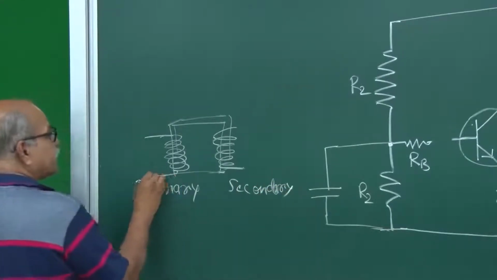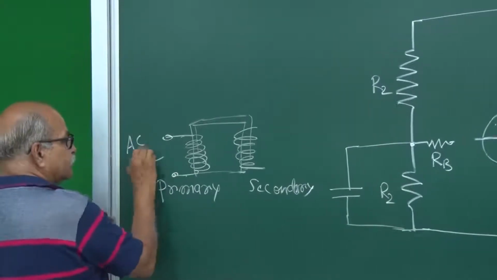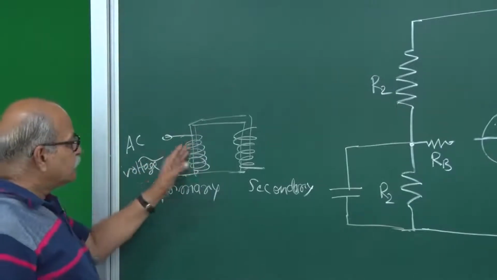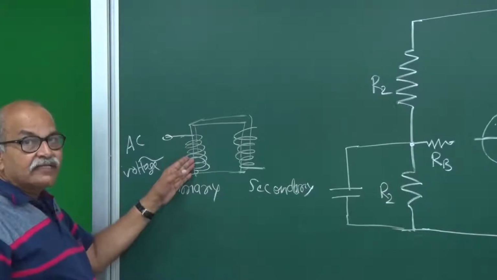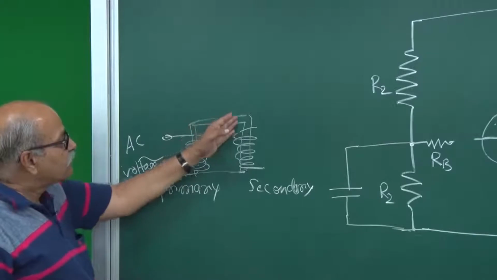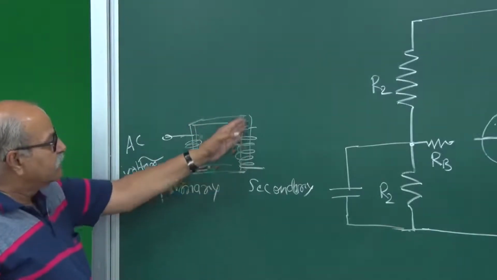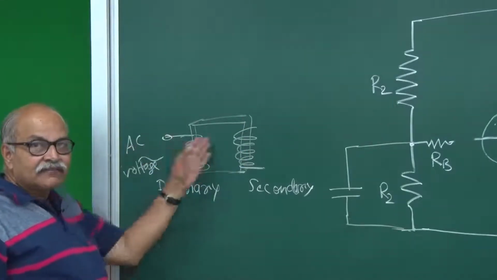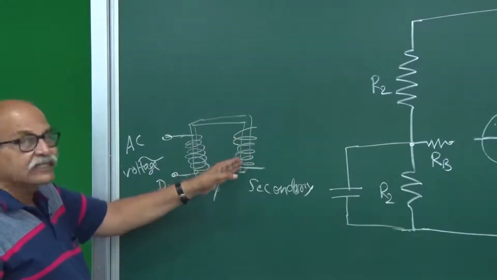Then on primary side you supply some voltage, AC voltage, and this AC voltage drives current, and that current produces magnetic field, and since it is through that same core, whatever soft iron or core, so that magnetic field also reaches here, a flux is generated. Since it is varying with time, this flux also changes with time, and then you have a voltage induced here.